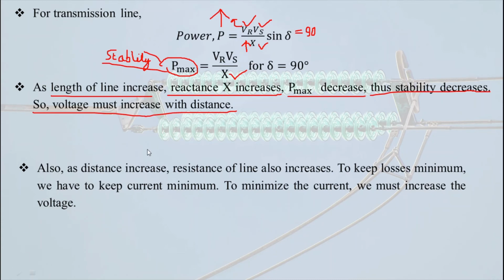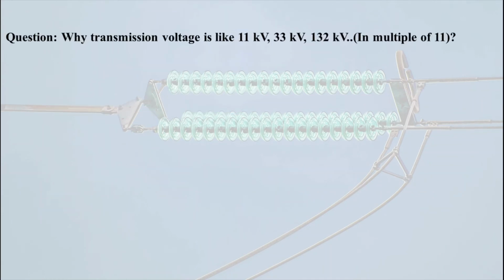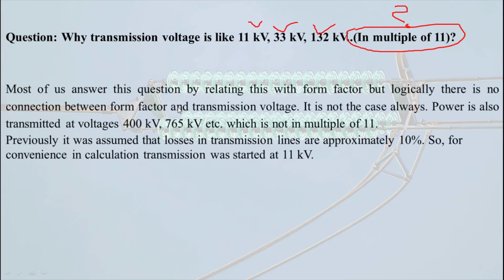Now you all must have heard a very common question, why transmission line voltage is like 11 kV, 33 kV, 132 kV, meaning why it is in multiples of 11. So first of all, this is a very nonsense question. You may also have heard a common answer to this question that most students give, that is because of form factor of sine wave, that is equal to 1.11.